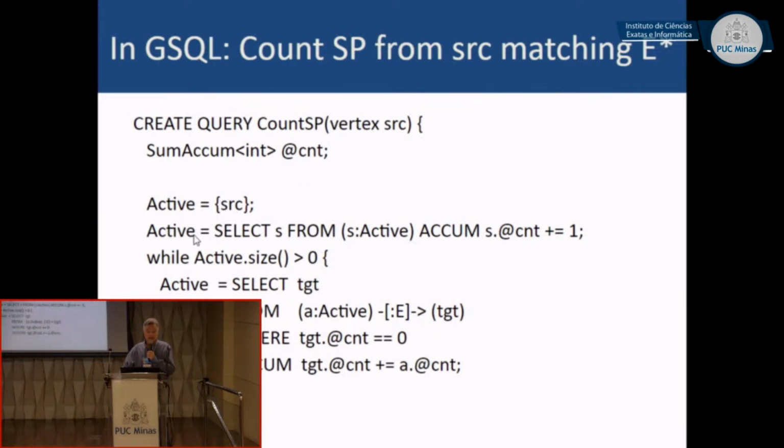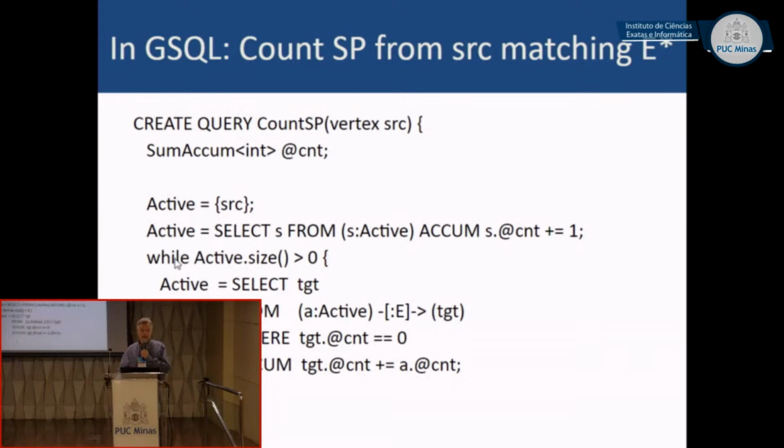And then I compute from this active vertex set, using this line here, a new active vertex set. For all the nodes S in this vertex set, and there is only 1, I just add 1 to that accumulator. That's the initialization of the accumulator of my source. And then I enter this loop.